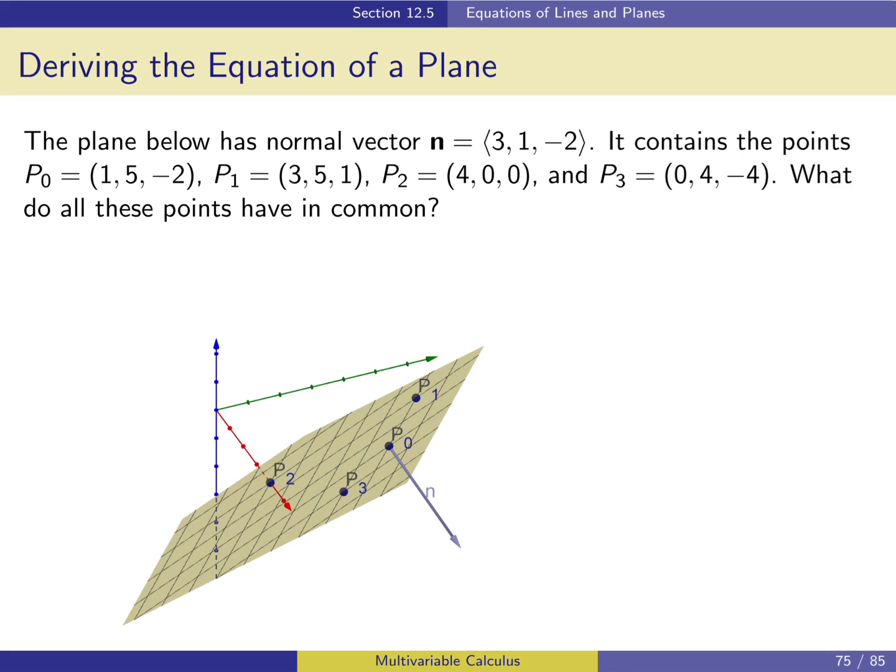Well, take a look at the vectors in the plane from P0: the vector from P0 to P1, the vector from P0 to P2, and the vector from P0 to P3. All of these vectors are orthogonal to n. They make 90-degree angles with it. And so what that means is that if we were to compute any of these vectors and take the dot product of them with n, we should get 0, because orthogonal vectors have a 0 dot product.